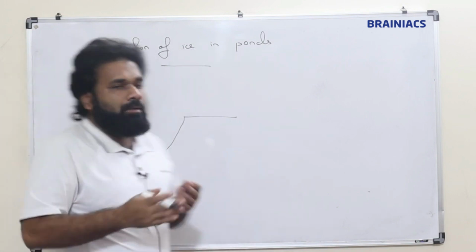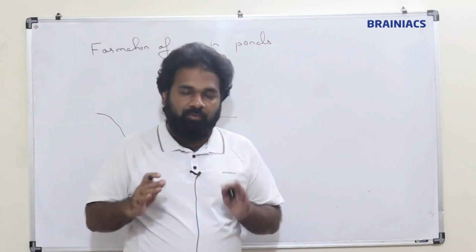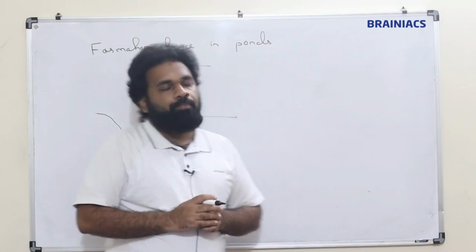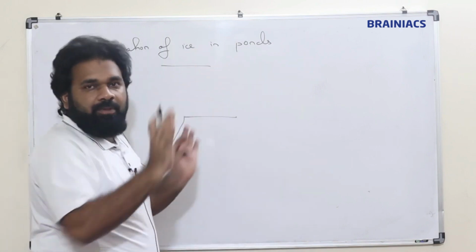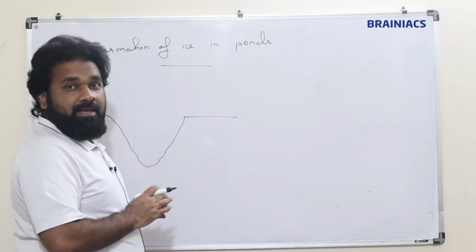While discussing anomalous expansion of water, we know that at the bottom there will be water, and at the top less dense ice will be there. Water at 4 degrees Celsius will be denser.